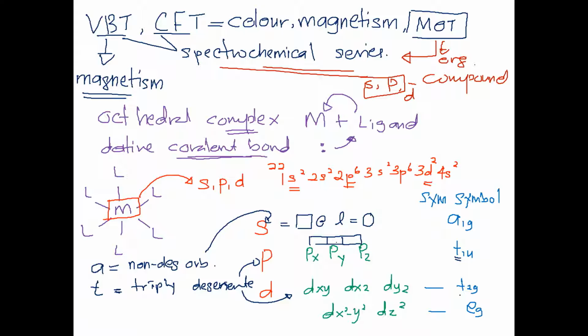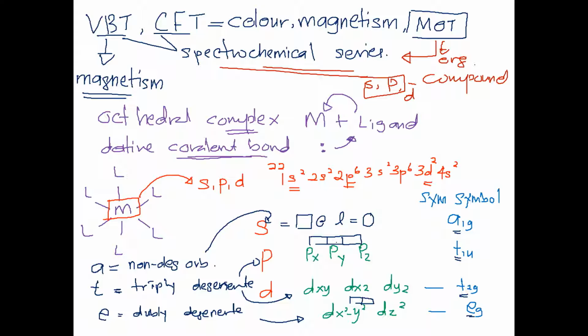While the E corresponds to double degeneracy, or doublet. Why? Because if you look at dx squared minus y squared and dz squared, it only consists of 2 degeneracies. Let me just refresh; supposedly you have known all the terms.